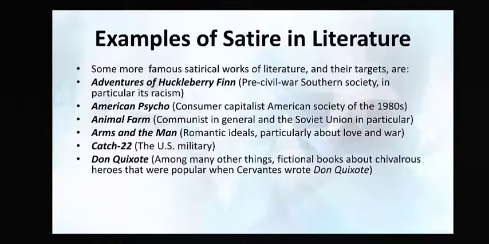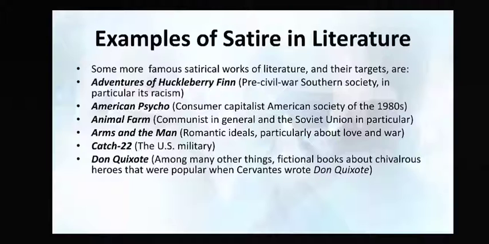Now, we may quote some more examples of satire in English literature, and some of these important examples are Adventures of Huckleberry Finn, which targeted the pre-Civil War Southern society, in particular its racism. Then we have American Psycho, which was targeting the consumer capitalist American society of the 1980s. Then we've already talked about Orwell's Animal Farm.